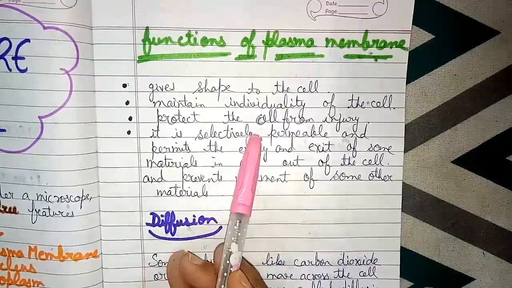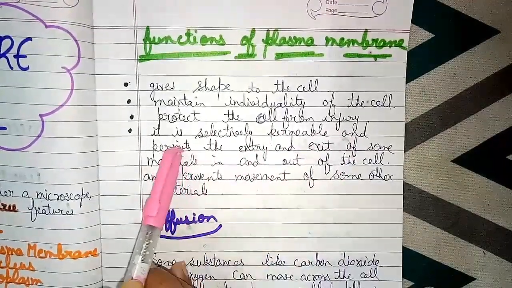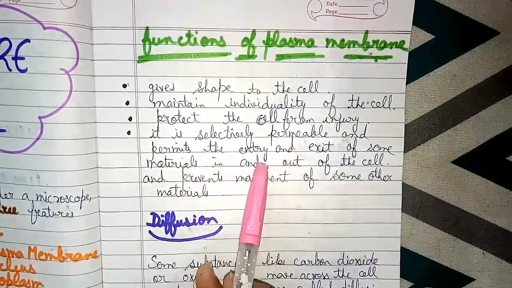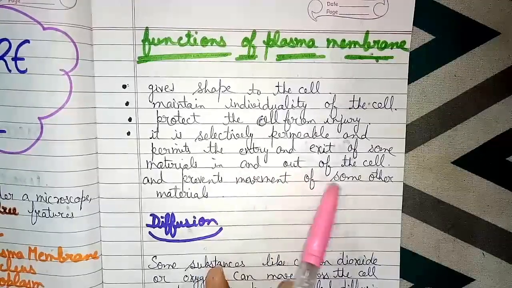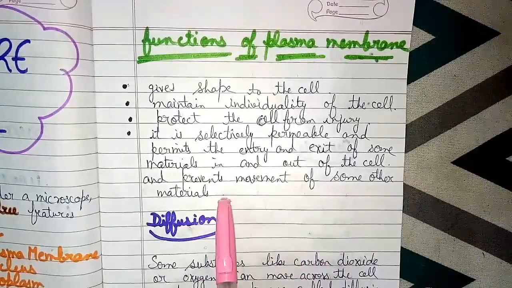Plasma membrane protects the cell from injury. It is selectively permeable and permits the entry and exit of some materials in and out of the cell and prevents the movement of some other materials.